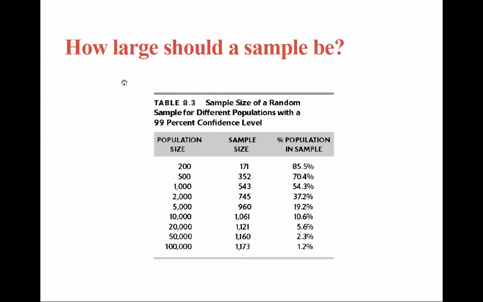That last 50,000 increase in the population size only required that I interview or sample 13 more individuals, whereas the first 50,000 took 1,160 people. So the percent of the population in my sample does decrease.